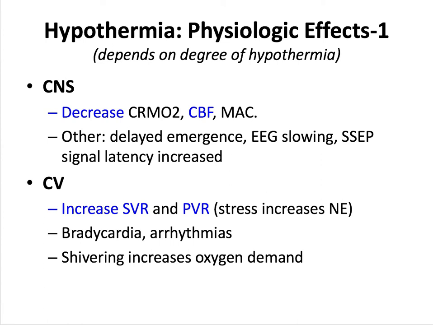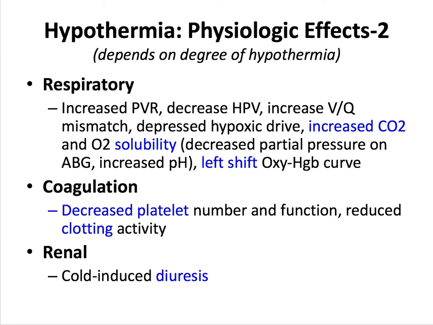Other physiologic effects, the respiratory system: as we mentioned, pulmonary vascular resistance can go up. Hypoxic pulmonary vasoconstriction can be decreased, and so as the alveolar oxygen levels go down in some alveolar units, your HPV doesn't work as well, so VQ mismatch gets worsened, and hypoxic drive doesn't work as well.